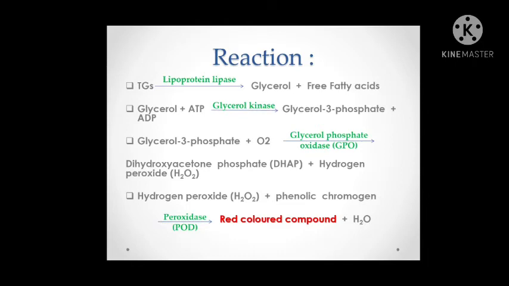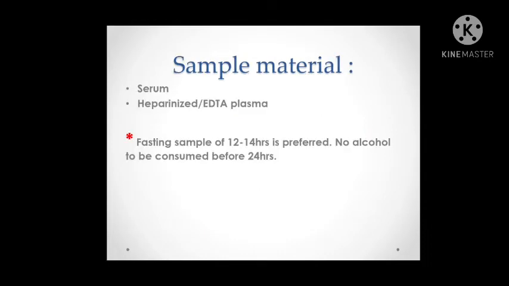Third, glycerol 3-phosphate is oxidized by glycerol phosphate oxidase to produce dihydroxyacetone phosphate or DHAP and H2O2, or hydrogen peroxide. Fourth, this hydrogen peroxide reacts with phenolic chromogen by peroxidase to form a red colored compound and water.